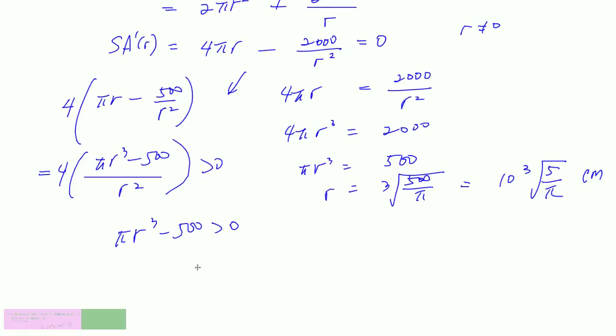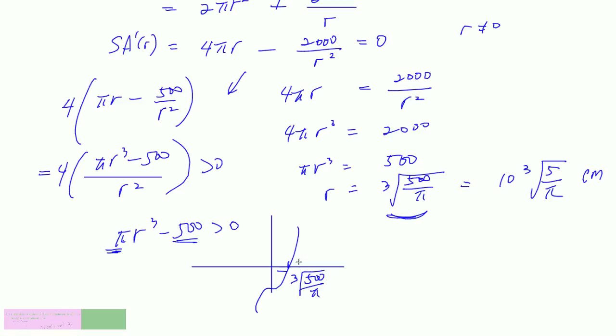You know it's a cubic function that looks like this. It's just a straight cubic with a vertical stretch of pi and a vertical shift of minus 500. So that point right there is the cubic root of 500 over pi.